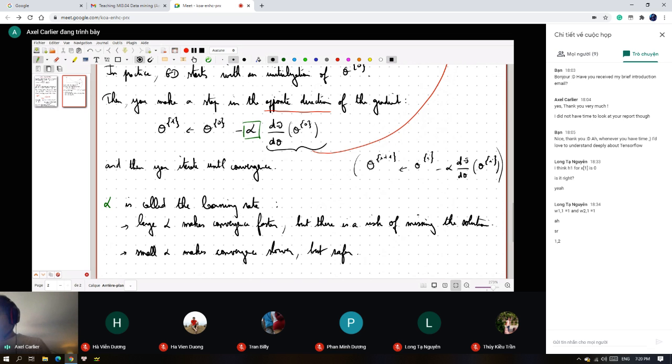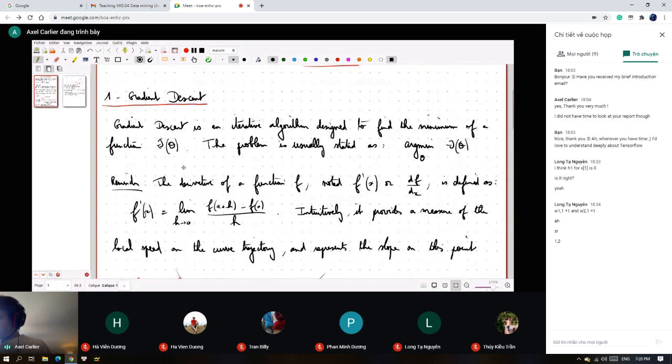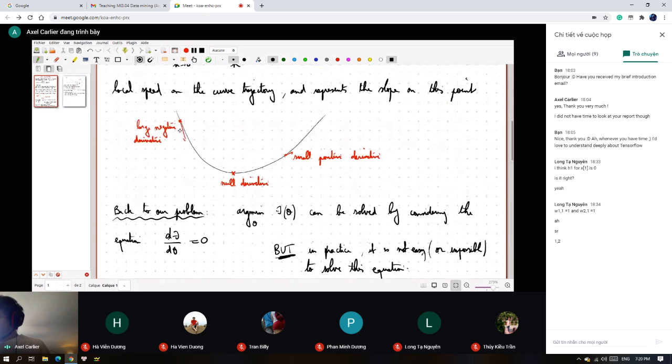First, I just realized that I've made a mistake in the previous drawing. I drew a large negative derivative in this direction, which is a mistake. Basically, if this is my curve, my derivative here goes in this direction. I'm sorry.